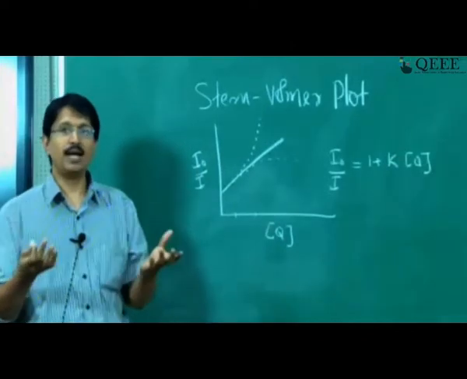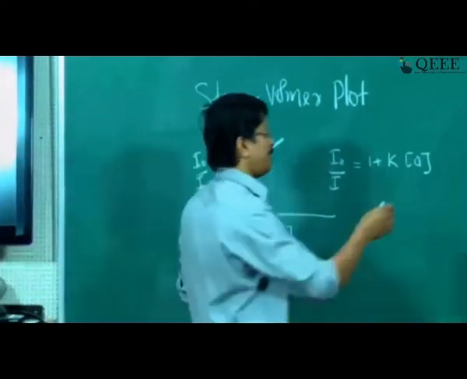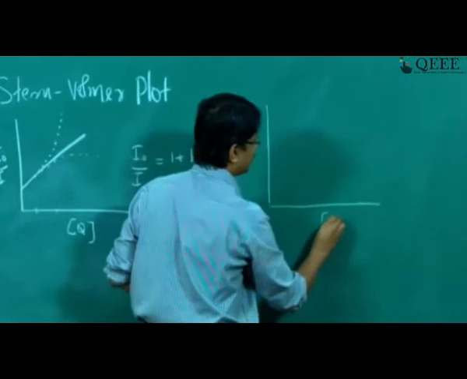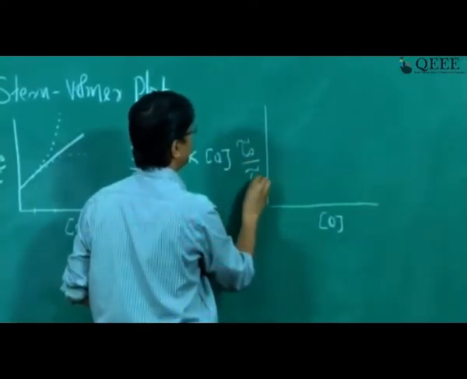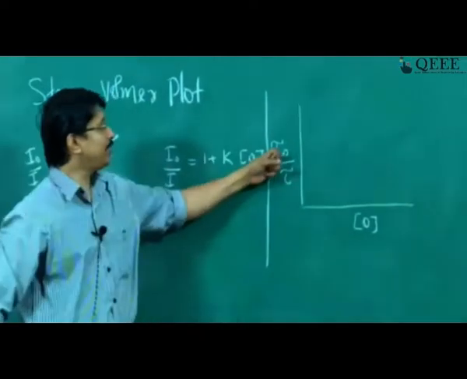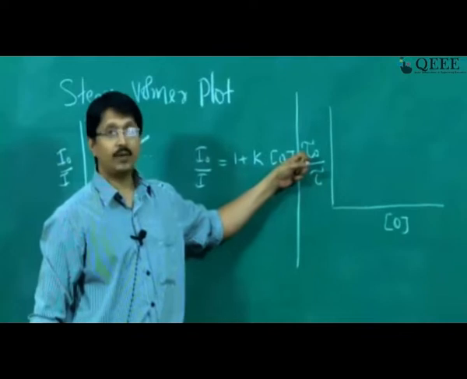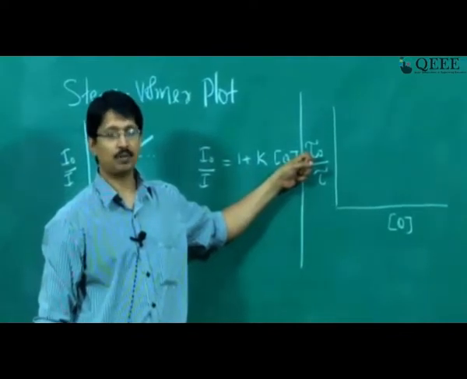If you want to really understand what is happening, we need to talk about lifetimes. So a similar kind of plot, where instead of intensities, we plot tau 0 by tau. Tau 0 is the lifetime of the fluorophore in the absence of the quencher.